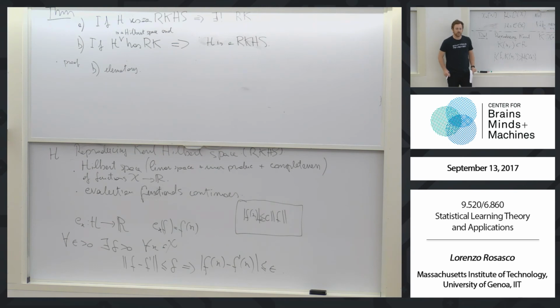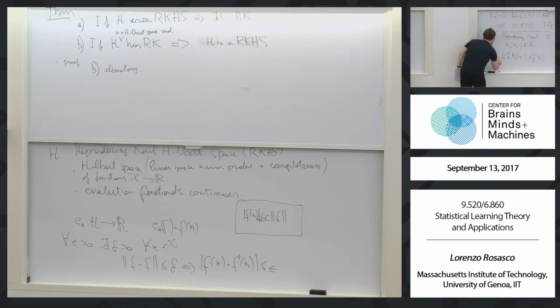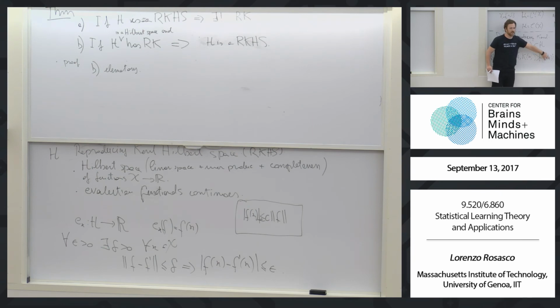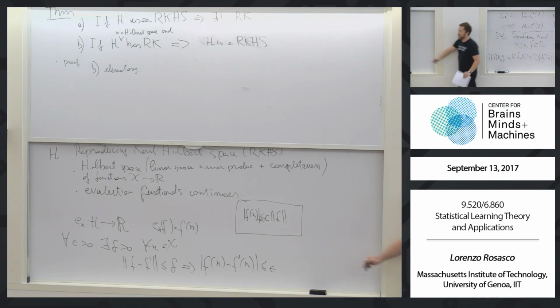How do I do it? Nothing, I just take Cauchy-Schwarz. I say that this is smaller than the norm of f times the norm of k_x. Now, the norm of k_x might be big, but it's finite, because by assumption, k_x belongs to the space. So it means that the norm of f controls f of x. This is exactly what I need.